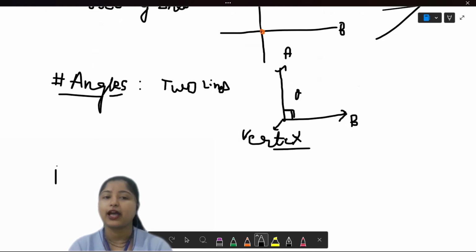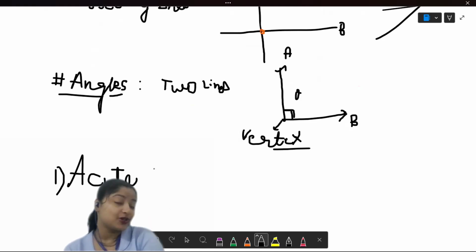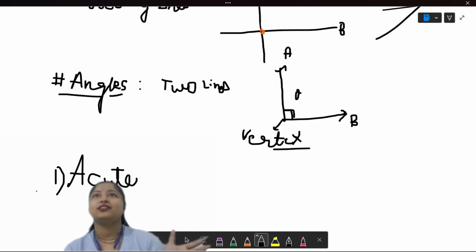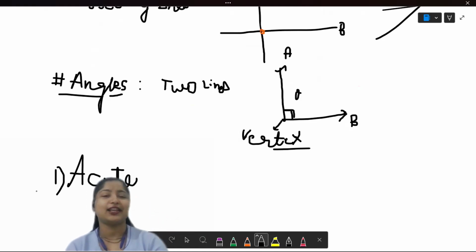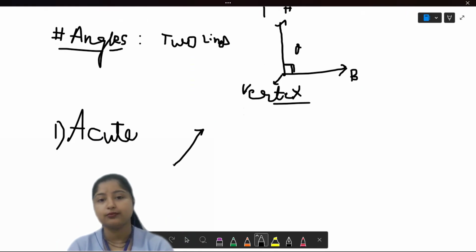The first type of angle is an acute angle. As the name suggests, they are cute, right? Generally we see things that are cute as small, tiny, right? So we can remember this from the angle which forms less than 90 degrees.